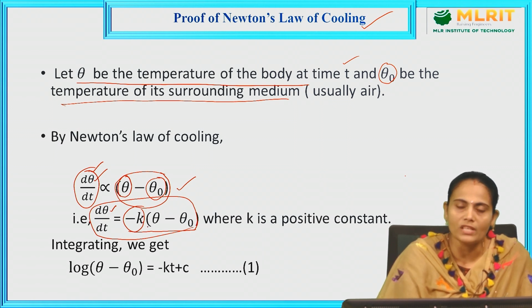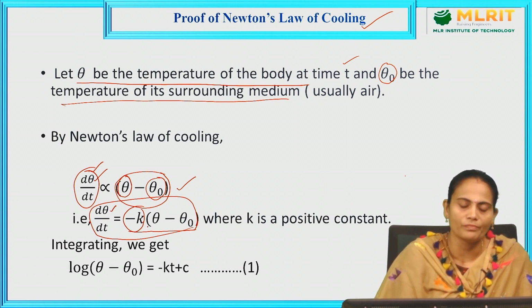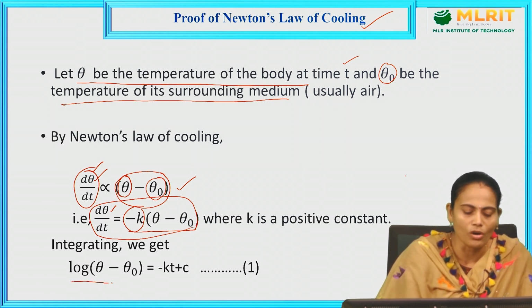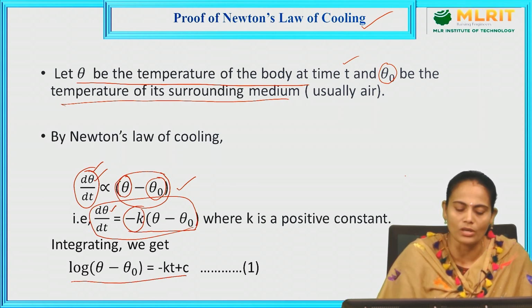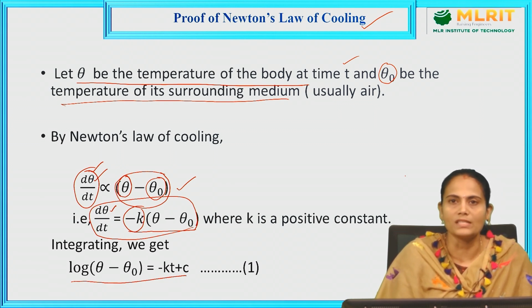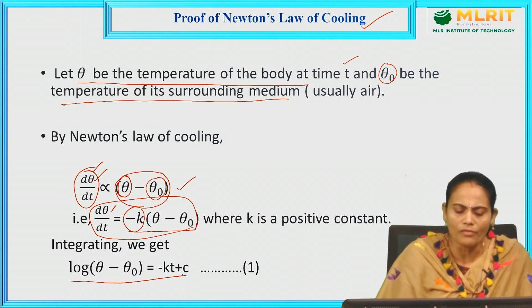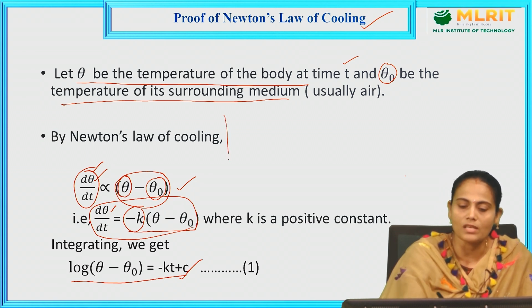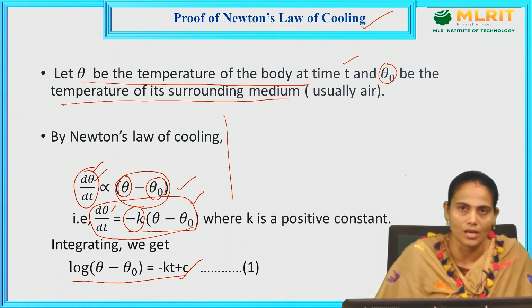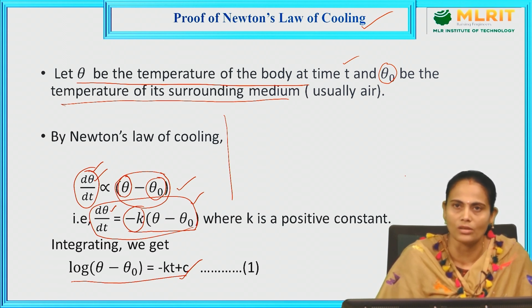After solving this equation, we will get log of theta minus theta naught is equal to minus kt plus c. See how we get this solution. The equation is d theta by dt is equal to minus k into theta minus theta naught.